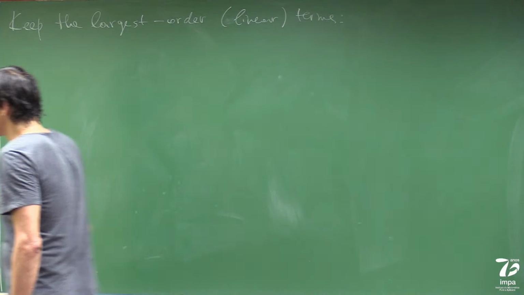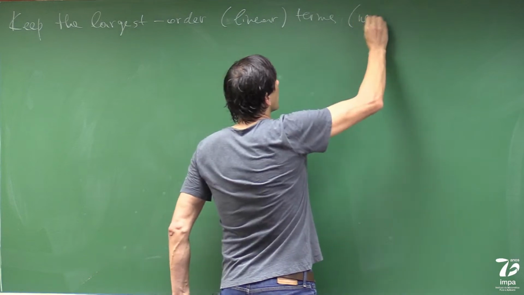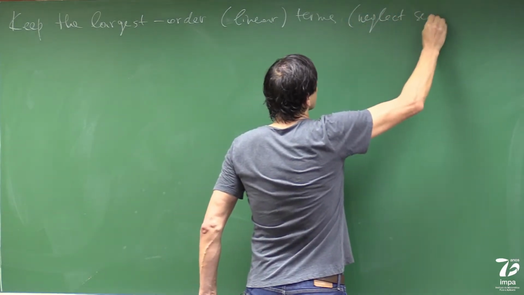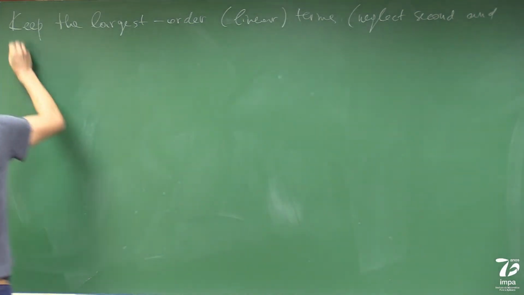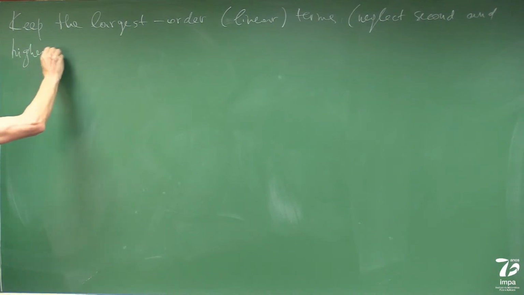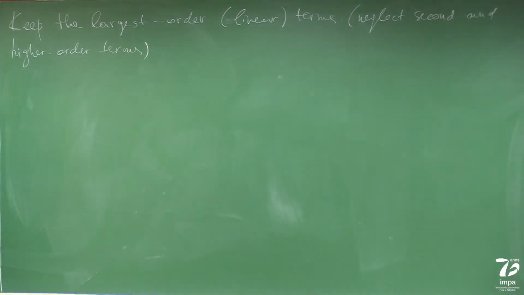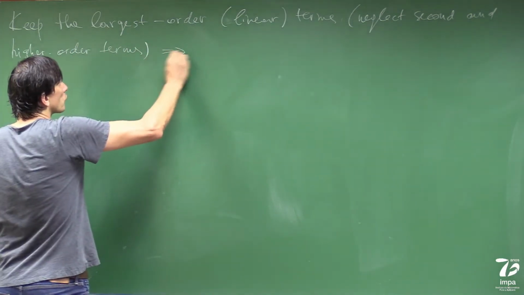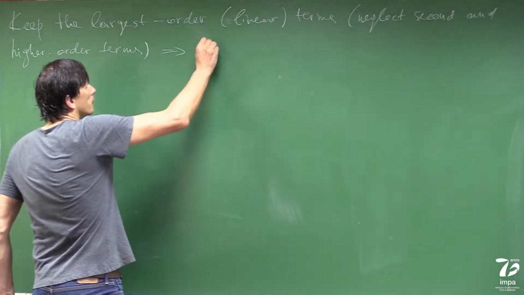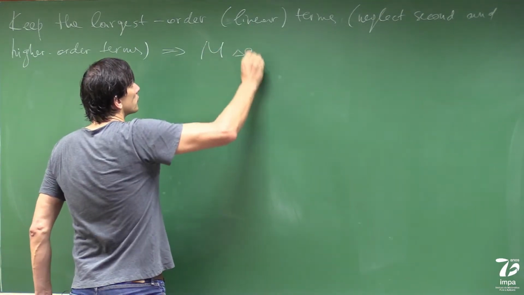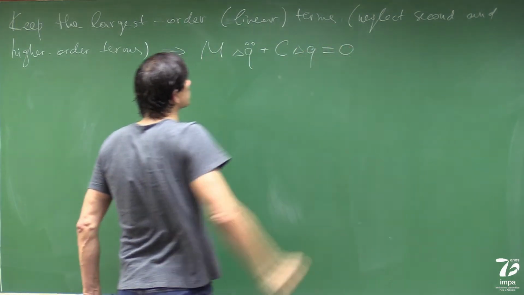In other words, you neglect second and higher order terms. Which gives you the equation of motion which we derived last time. It will be M delta q double dot plus C delta q equals 0.